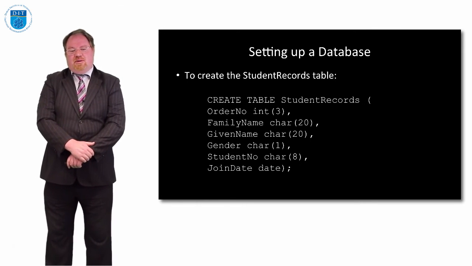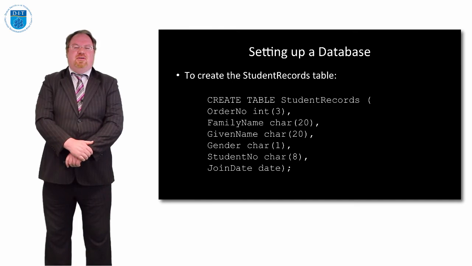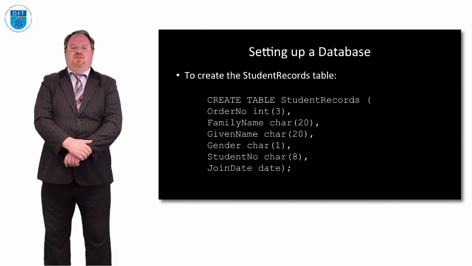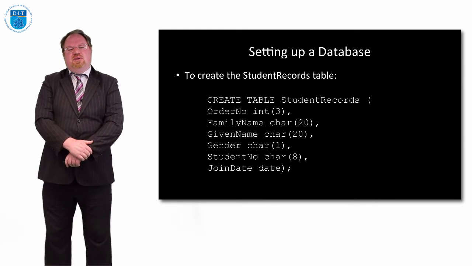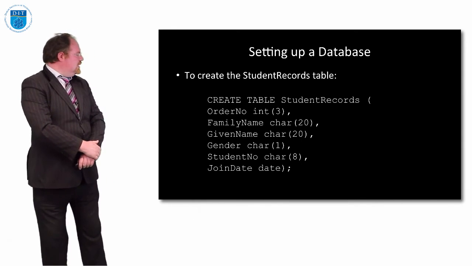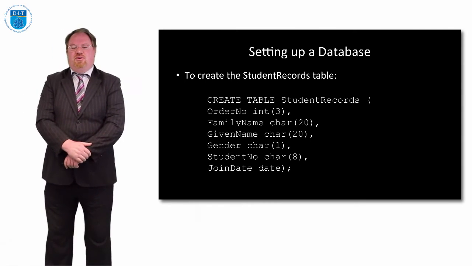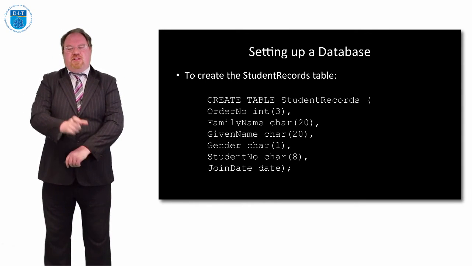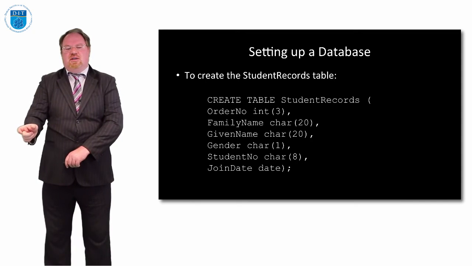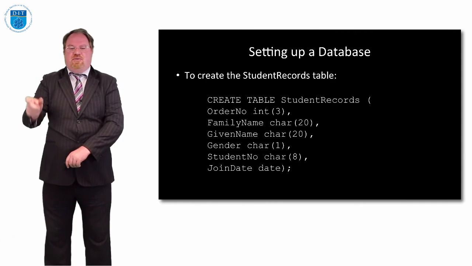If I ask, give me all the students whose gender is M, it'll say, well, for each record, we get to gender by jumping 3 plus 20 plus 20, and then we're on to the 1. So after 43 bytes, we're at gender. For each record, we just jump in 43 bytes, and then we're at the gender field.